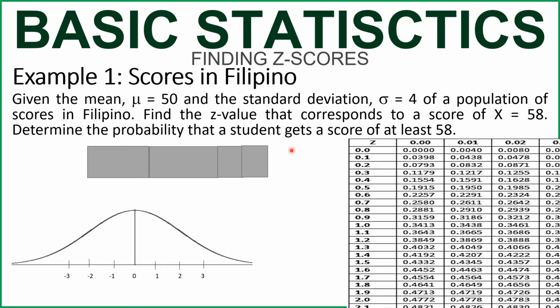So first thing we need to do, of course, is to identify what is asked. So we're finding the z value here and the probability that a student gets a score of at least 58. So definitely, we're getting the probability, meaning this involves probability notation.